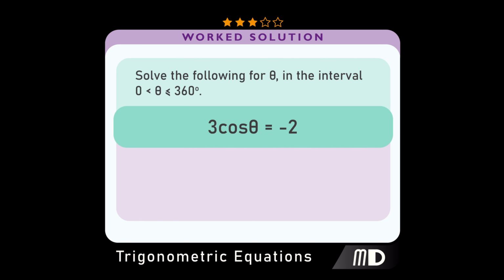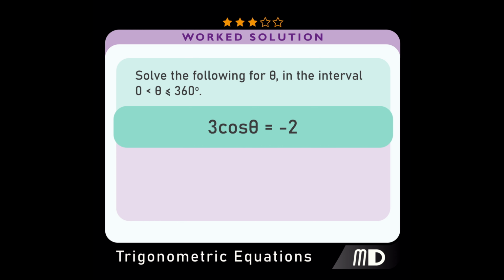Solving a trigonometric equation involving the cosine function requires us to find all possible values of the angle theta that satisfy the equation. Answering this question is a 3-step process. To begin, we need to isolate the cosine function in order to find the principal value of theta.